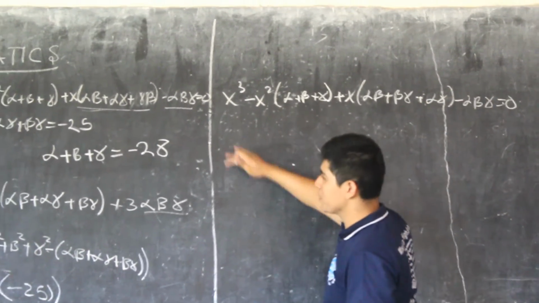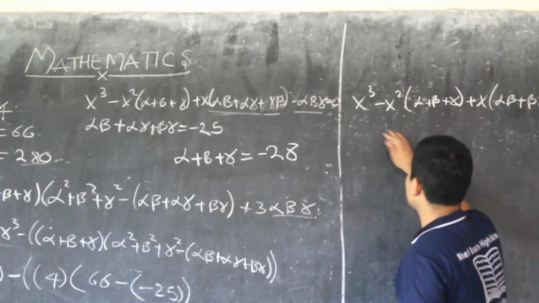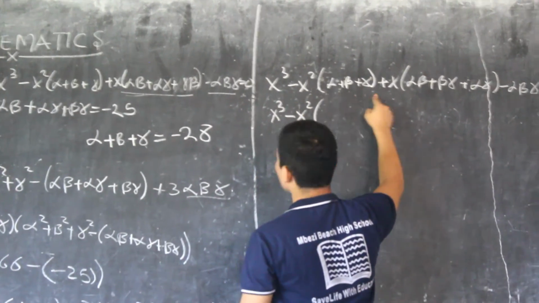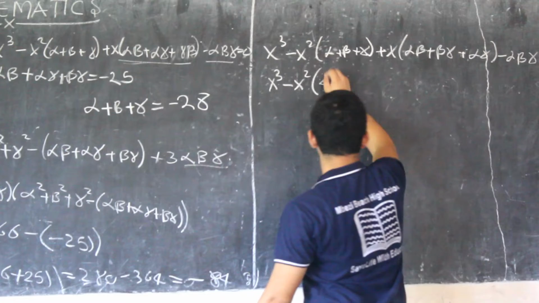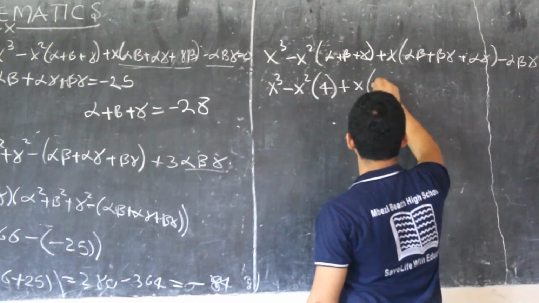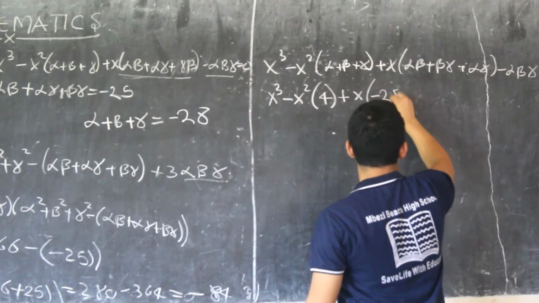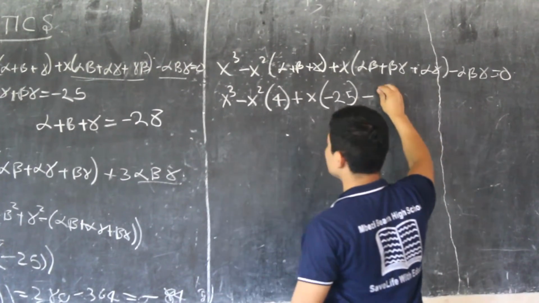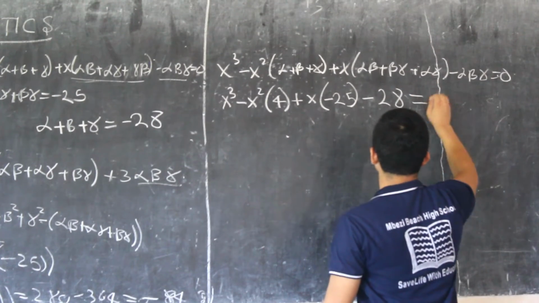Which means that we have to substitute all the equations we got here. So we say x cubed minus x squared. Now we know this one, that is 4 plus x. Here we have it, which is negative 25. Minus this one, which is what we know it already, which is negative 28. It's going to be equal to 0.